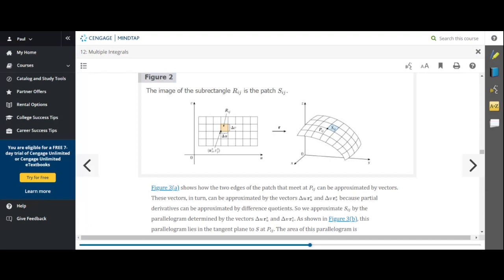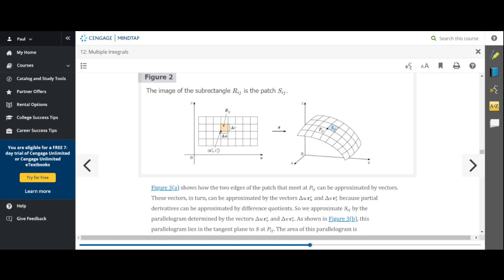If you could find or approximate the surface area of each little patch, S sub ij, in that surface on the right, you could add up the areas of all those patches and get an approximate value for the surface area. And naturally, as you look at different patches, you're going to be above different little subrectangles in the uv plane on the left.